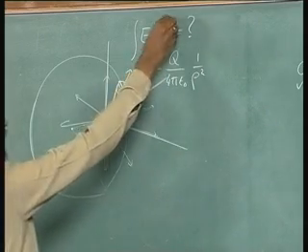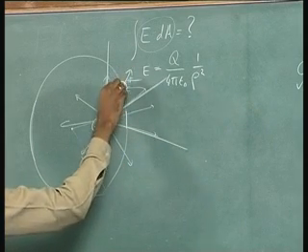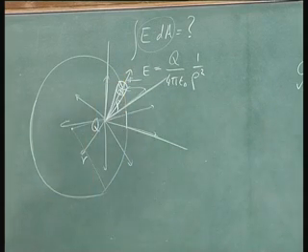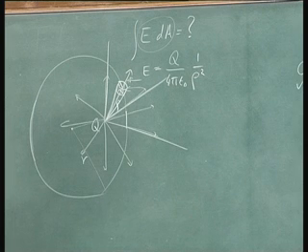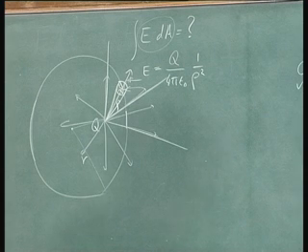When I say E dA, I mean take the magnitude of the electric field, take this symmetric surface area, and multiply them together. How do we work out such a concept? It is not so easy.